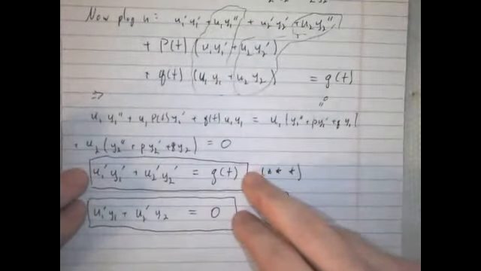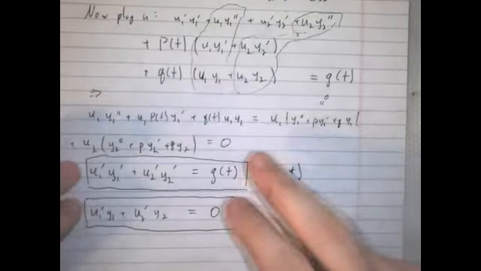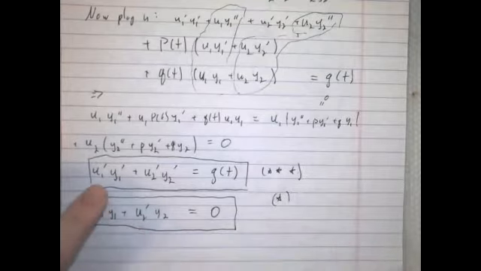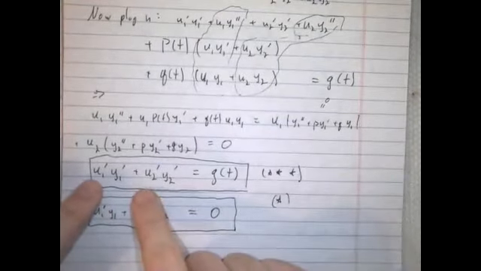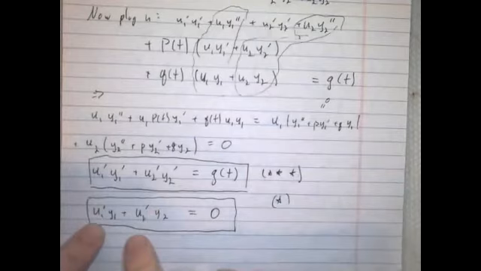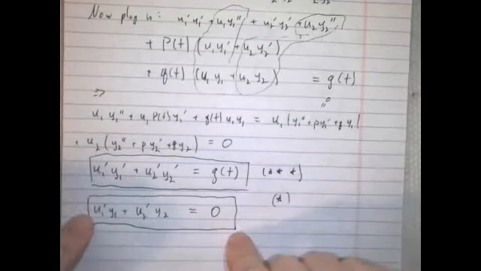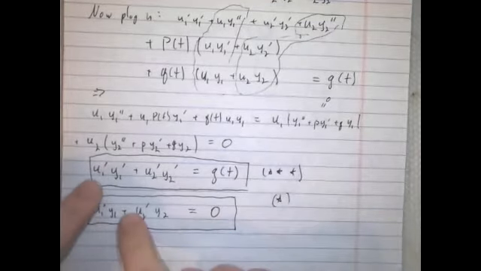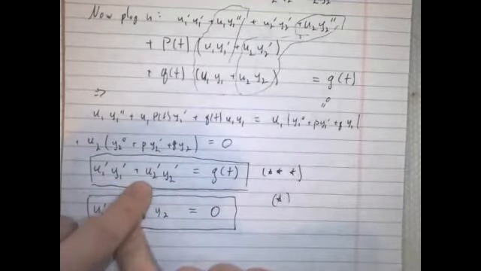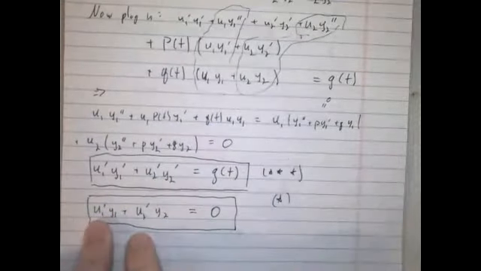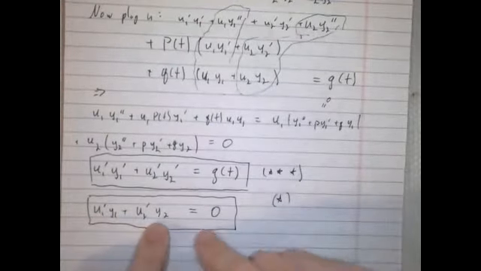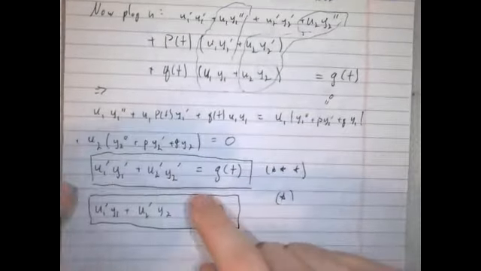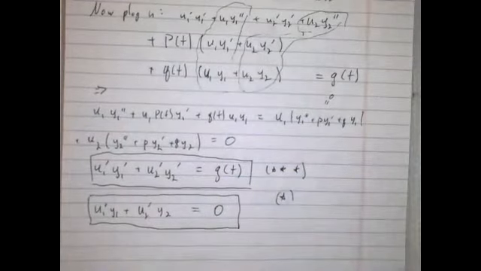And now we've boiled it down to two equations where essentially we're trying to solve for u1 prime and u2 prime. Here, using these algebraic equations, where u1 prime y1 prime plus u2 prime y2 prime is equal to g of t, and u1 prime y1 plus u2 prime y2 is equal to 0, it seems plausible that we could actually solve for u1 prime and u2 prime.